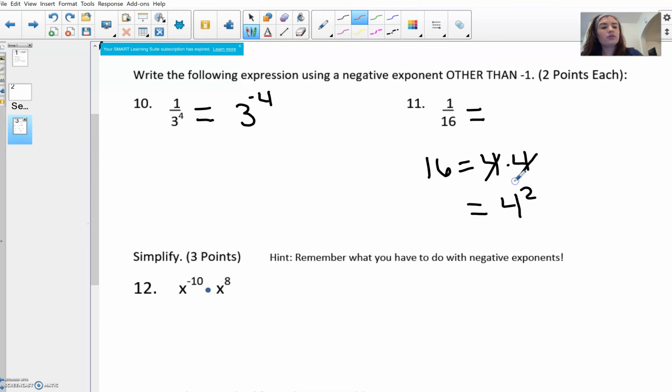So that means that 1/16 is actually 1 over 4 squared. So how we're going to rewrite that is we're going to take our 4 squared to the top and make it negative.